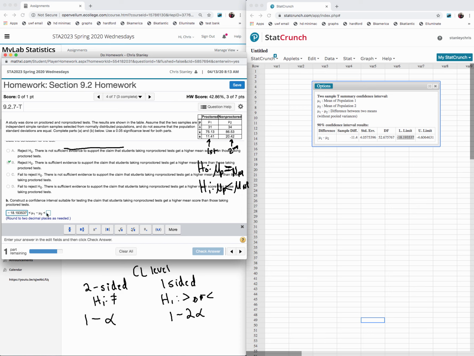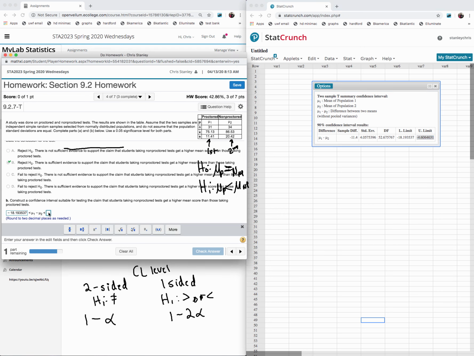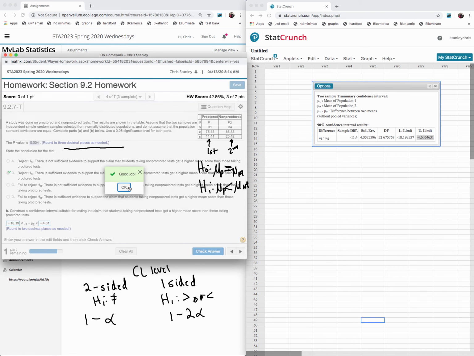These intervals basically tell you how much less they expect somebody taking the proctored test would get. So if you take a proctored test, they think you're going to be close to 5 points less. You go 2 decimals there, 2 decimals here, which means I need to make a change because that rounds.